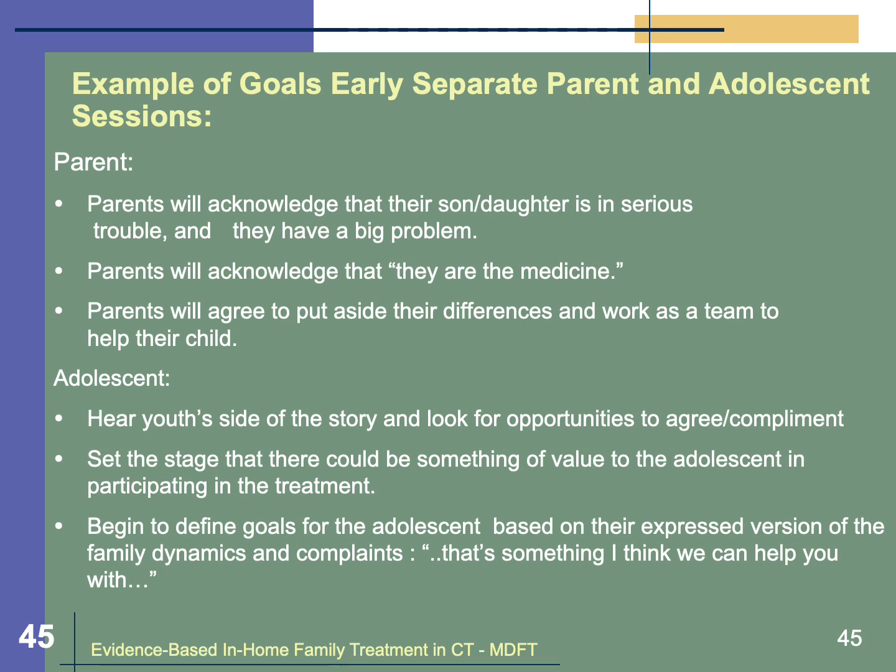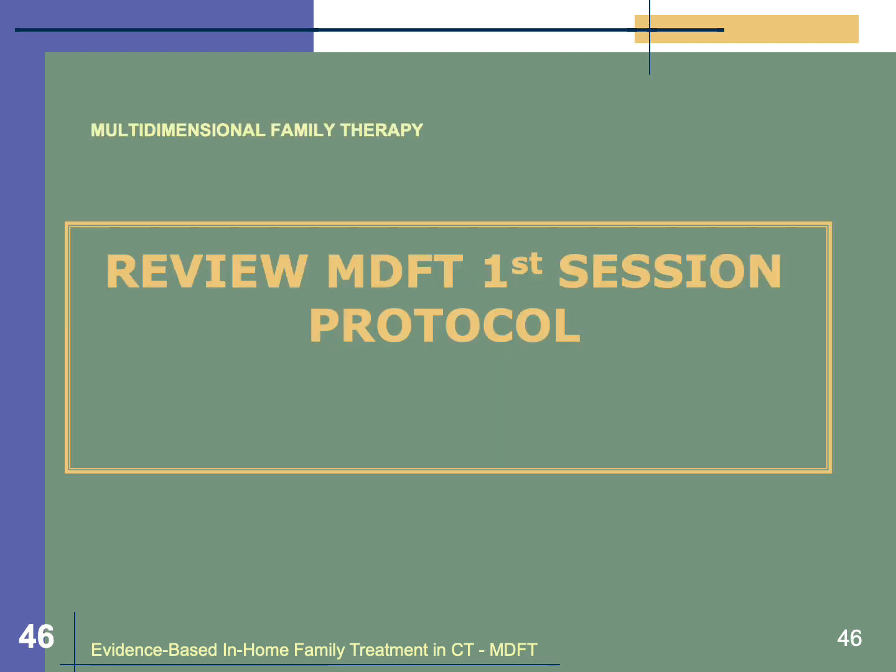And so then we define goals in their way of saying something. Okay? It doesn't matter if it doesn't look like how we typically formulate treatment goals, because this is about the family and not necessarily us doing things in a particular way. And you're constantly saying what you can help with.